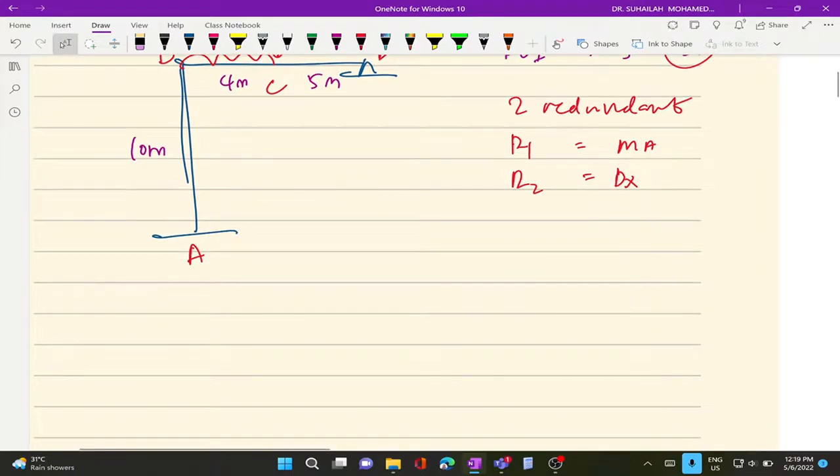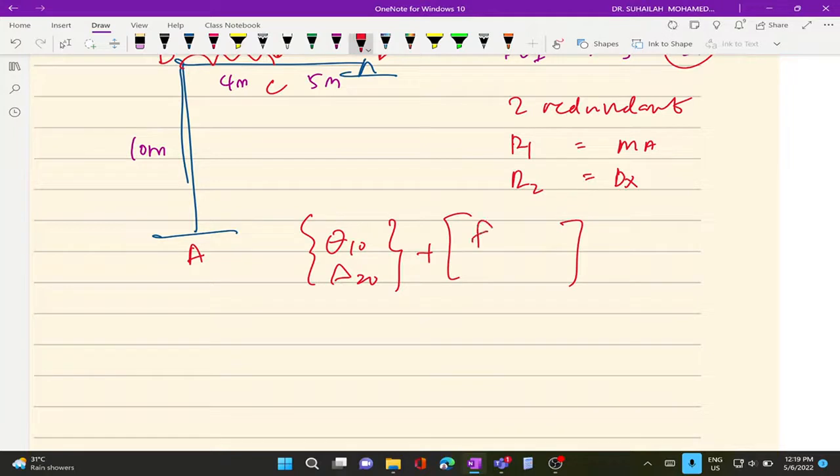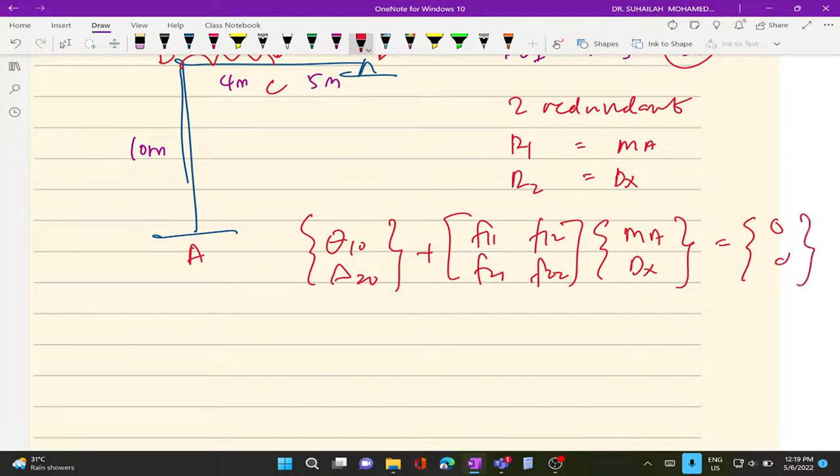Okay, and then from this we know that the compatibility equation, which will guide us what step to do, is this equation. It is theta 1 naught, delta 2 naught, plus F11, F12, F21, F22 kali dengan MA and DX equal to 0.